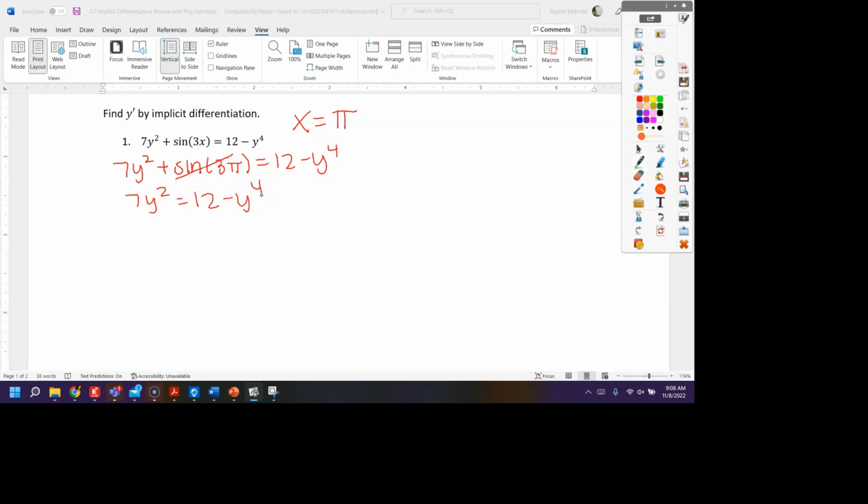Then moving all this over, you have y to the 4th plus 7y squared minus 12 equals 0. That's really just kind of like a quadratic, but in quartic form, and praying it's factorable.